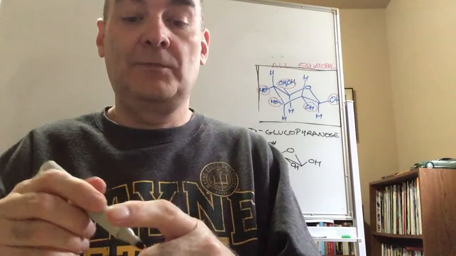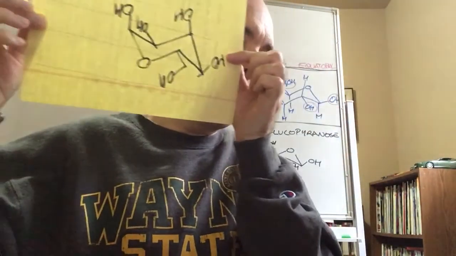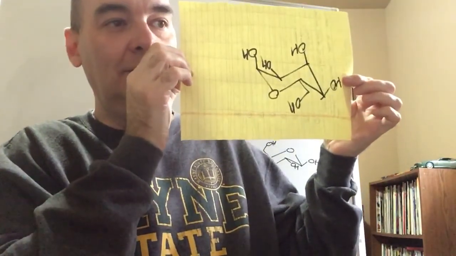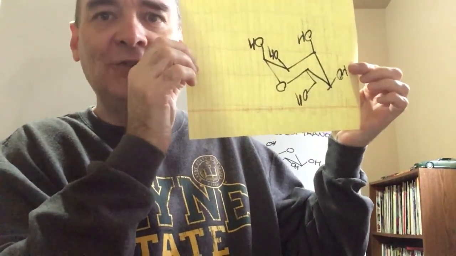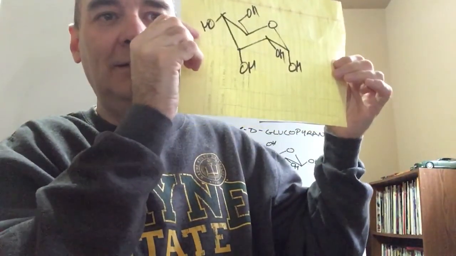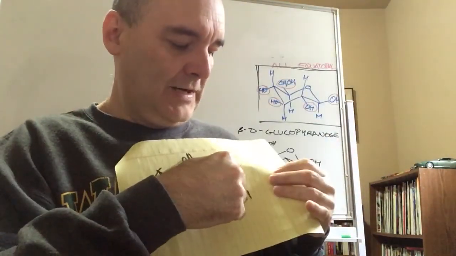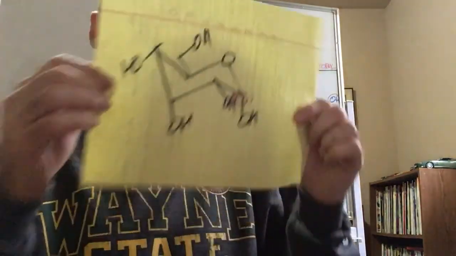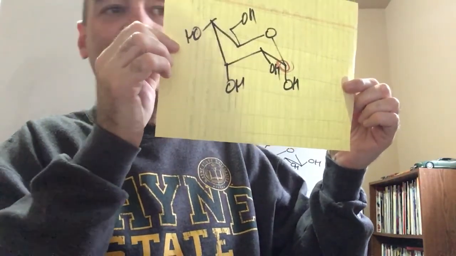But if an exam question comes along and says, what is this? I'm not particularly likely to do that to you. But if a question like that arises, you have to find a way to put it this way, and you have to identify the anomeric carbon. The anomeric carbon is this one. First thing that you have to do. Once you identify the anomeric carbon, you're pretty much set.